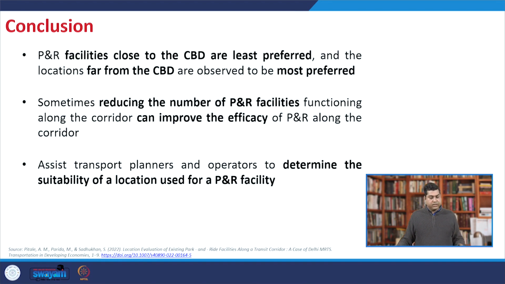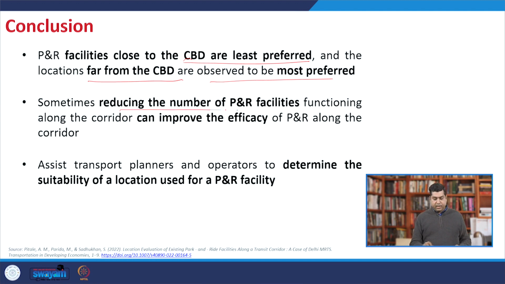Coming to the conclusion, the park and ride facilities close to CBD are least preferred in this, and locations far from CBD are observed to be most preferred, because whenever the distance is more, then probably people will choose the park and ride.